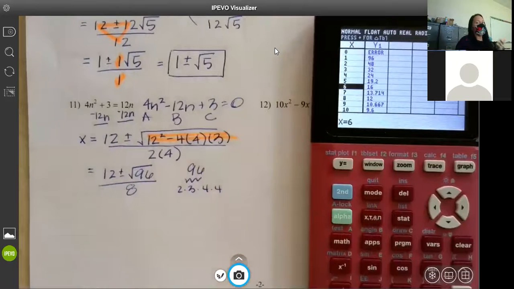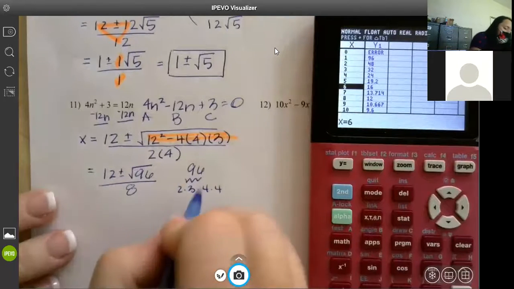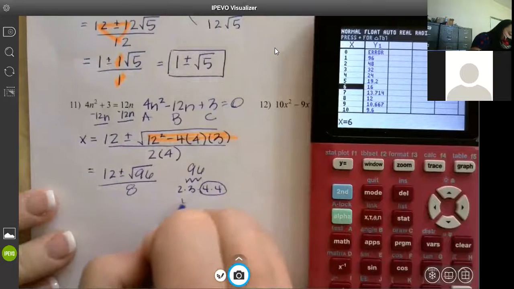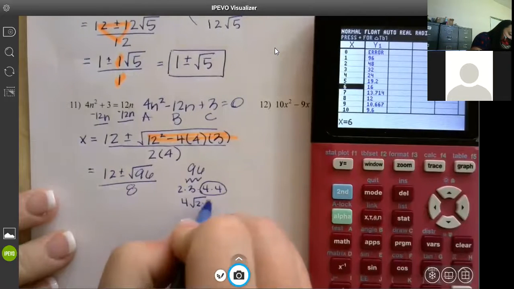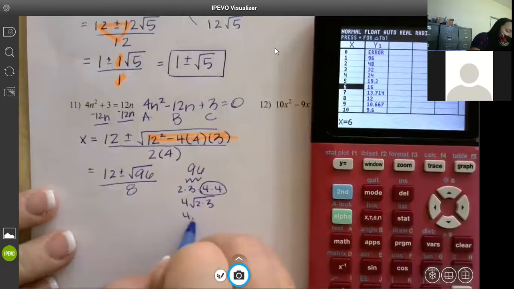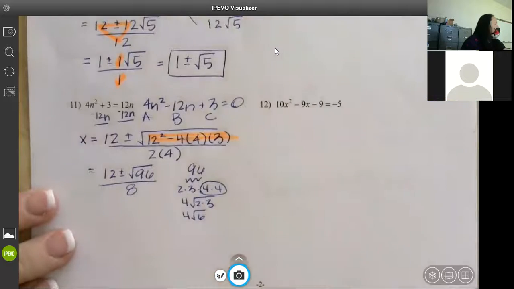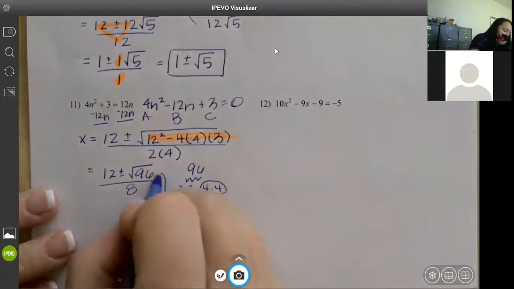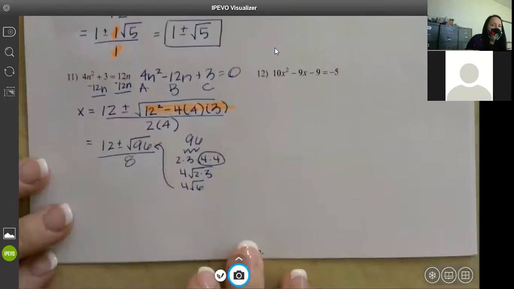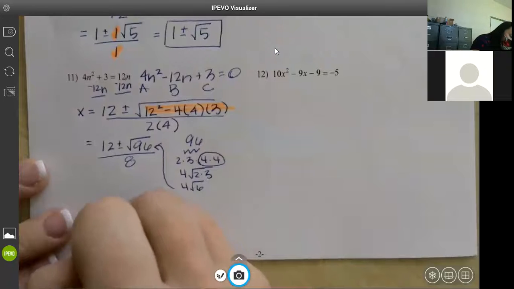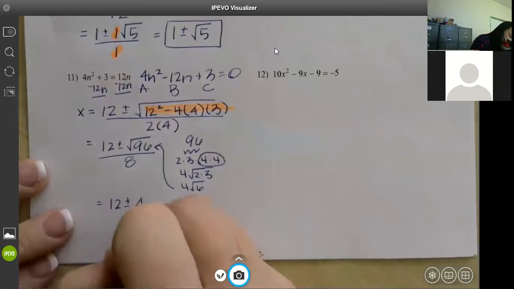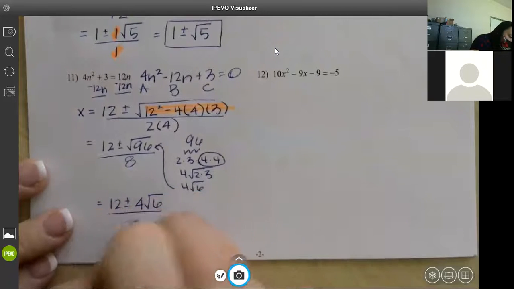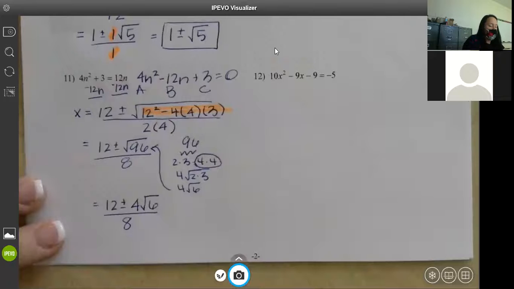You can keep breaking that 4 and 4 down, but you already have a pair, so there's no point in doing that. So we have a pair of 4s, and we left a 2 and a 3, or we left 6, and we're going to replace that 96 right there. So we have 12 plus or minus 4 square root 6 over 8.